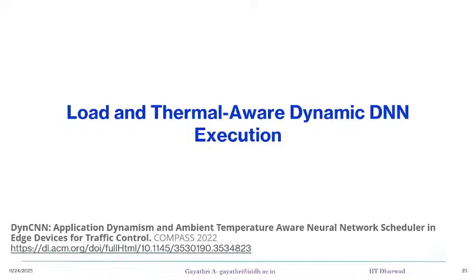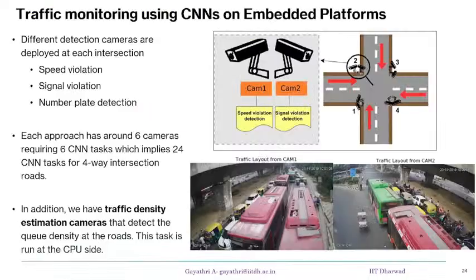Okay, so for this particular work, we had put some cameras in Delhi, in a place called Lajpat Nagar, at intersections where the traffic is being monitored, right? So basically they wanted to put these embedded devices on the signals to do this traffic monitoring, and then there are a lot of problems.